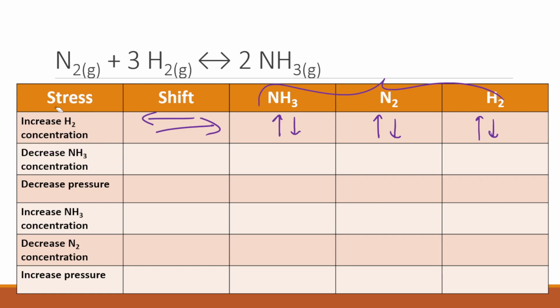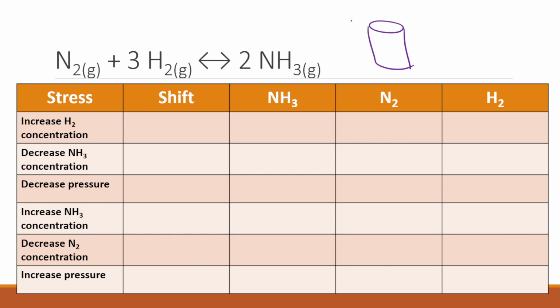Right? Let's do this first one together, and then I'm going to give you some time to look at these. If I increase the amount of H2, if I have this in a container and I throw in extra H2, H2 is here on the left side of the equilibrium.